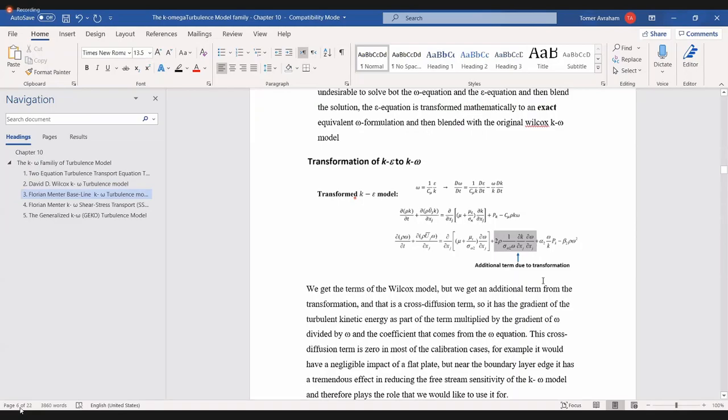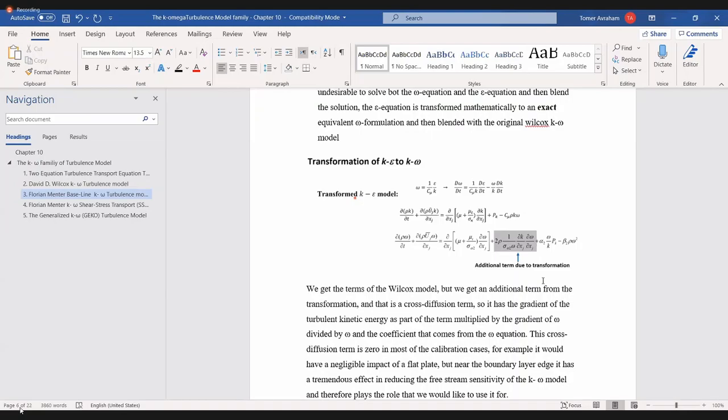It simply diminishes the sensitivity of the omega, the specific dissipation, to free stream values from the inlet, and by that solves the problem of the K omega of Wilcox.